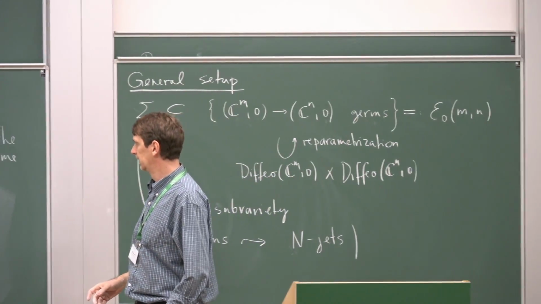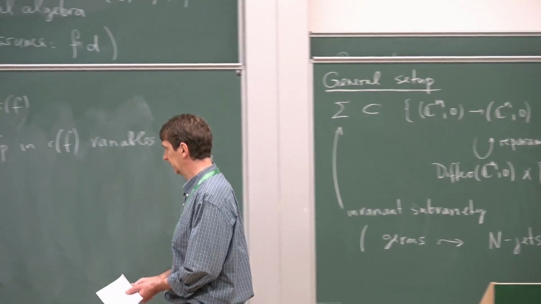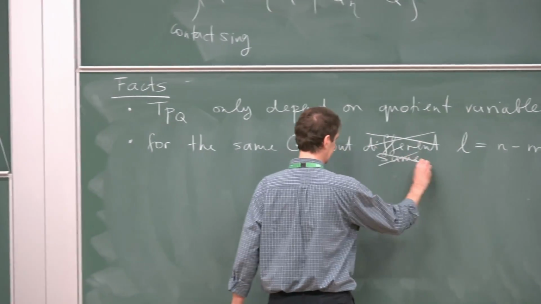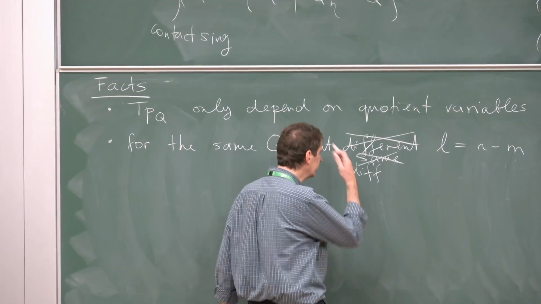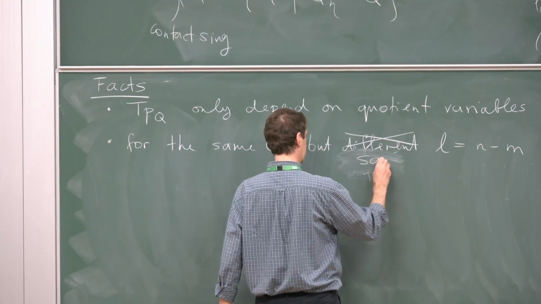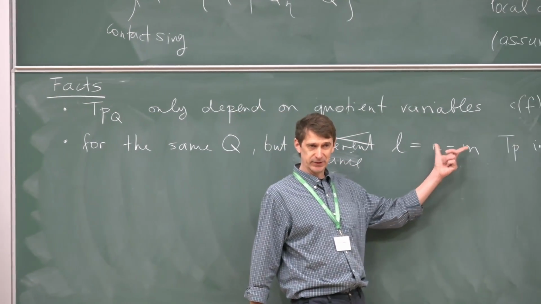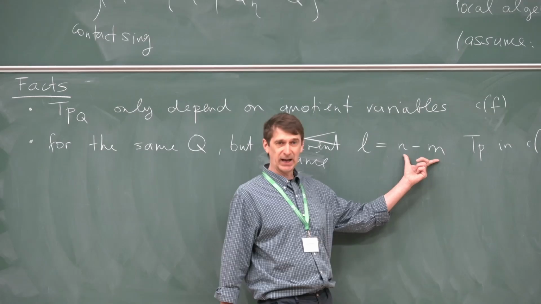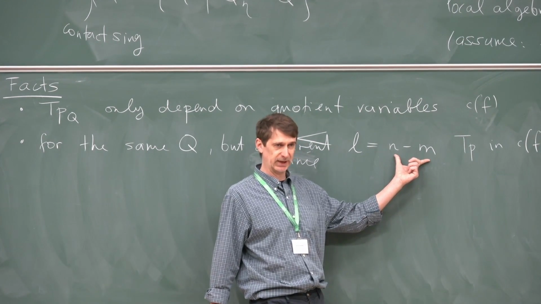L can be the same, but N and M are increased. So you take the cusp from 2 to 2, or the cusp from 3 to 3, or from 10 to 10.